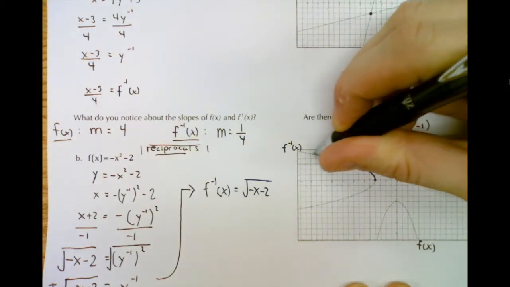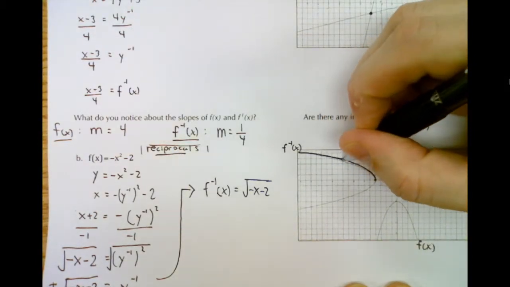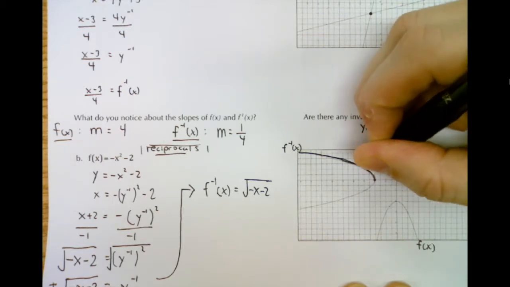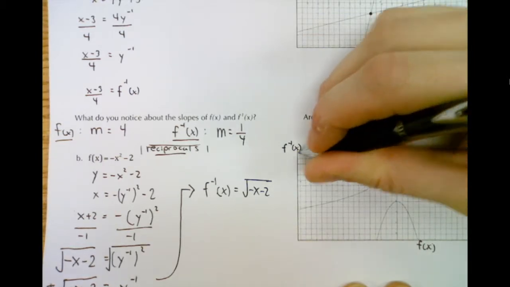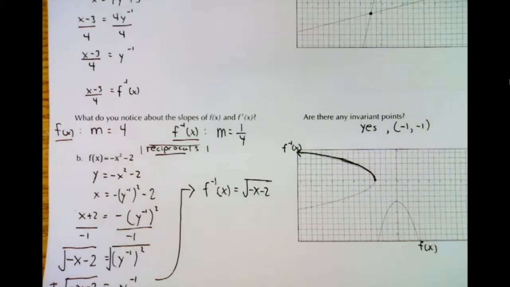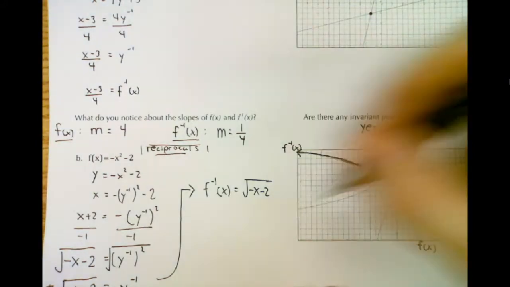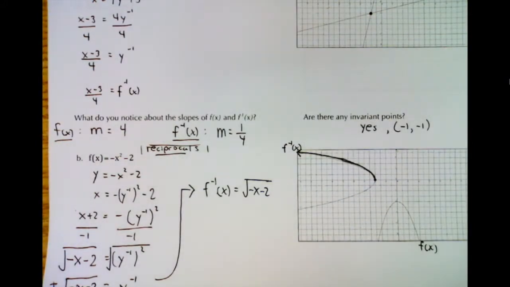And I missed the curve there, but if we wanted to call it a function, we would be getting just this branch. If we didn't want to call it a function, we just wanted the inverse relation, it would be the entire sideways parabola, and we would just call it y inverse. All right.